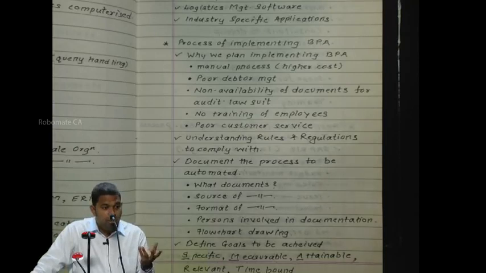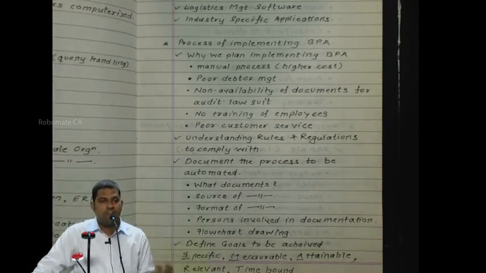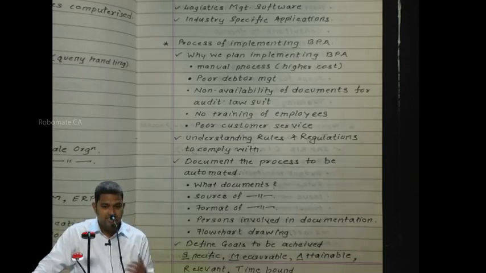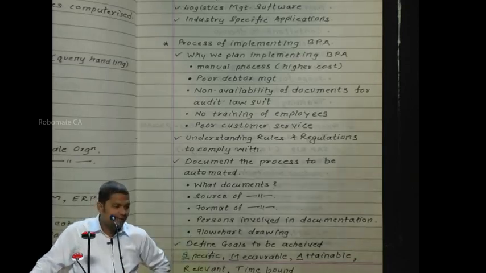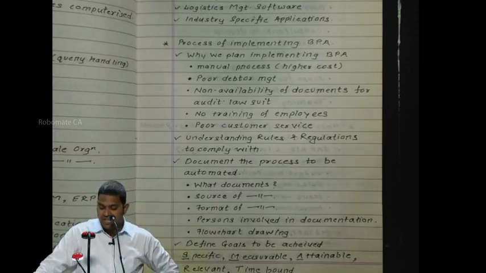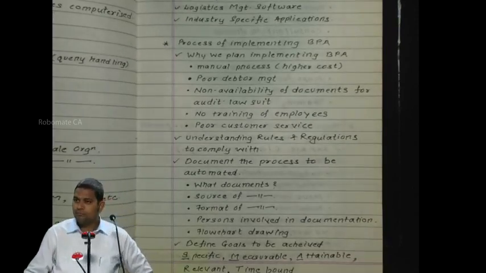How the document originates, whether it is a manual one, a normal bill, or a computer-raised bill. If it is a computer-raised bill, then obviously I'll have a soft copy of it. How exactly is it generated? If I am selling something, I generate the document. And if I'm buying something, I am supposed to get the document. So these things we understand in the source of document.